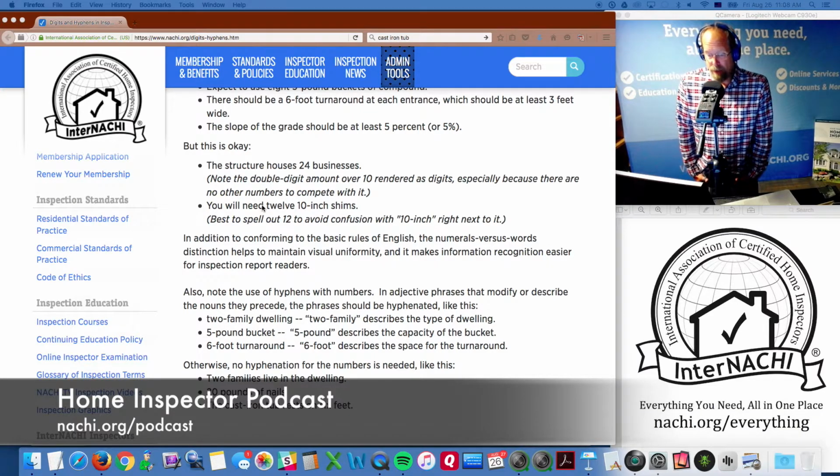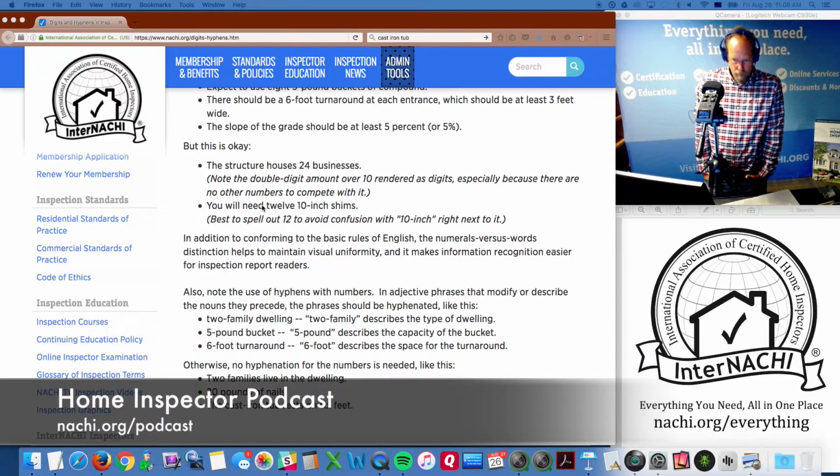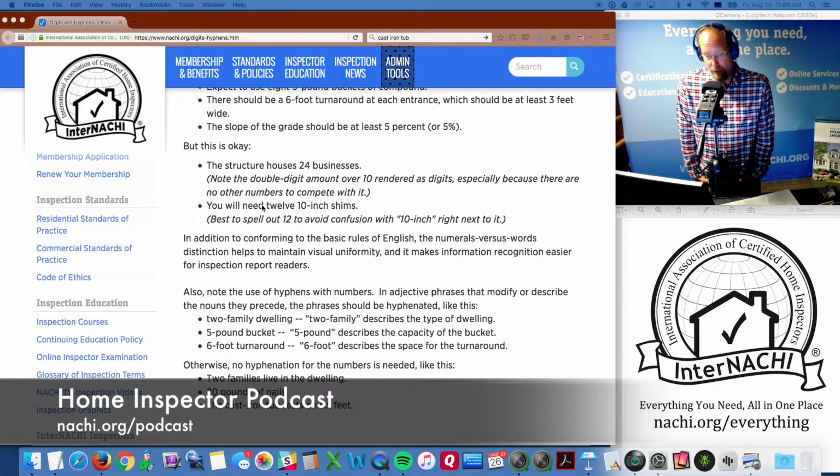How about the 6-foot turnaround? How would you write 6-foot turnaround? Well, you would hyphenate 6 and foot because it describes the turnaround. It's a 6-foot turnaround. Now, is it spelled out or the digit 6?